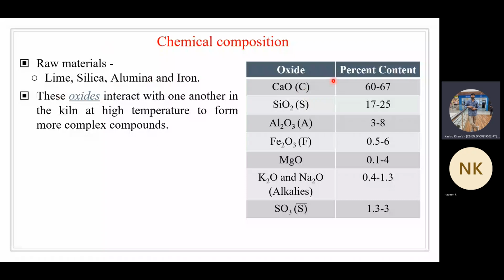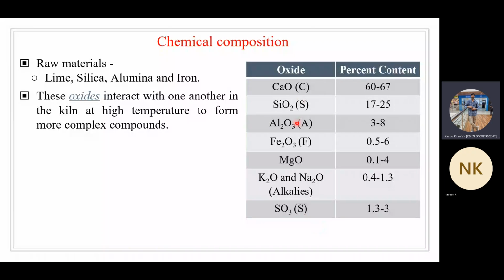When these oxides interact with one another in the rotary kiln at high temperature, they form complex compounds. Once you burn all these oxide compositions, they react with one another and produce some other complex compounds.